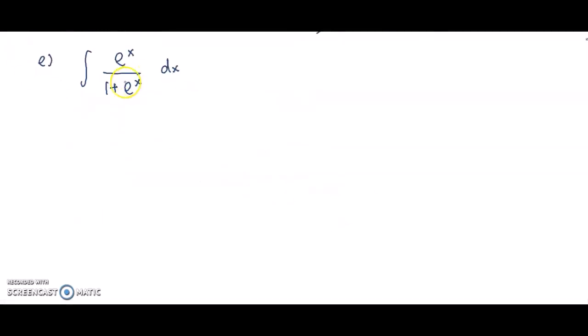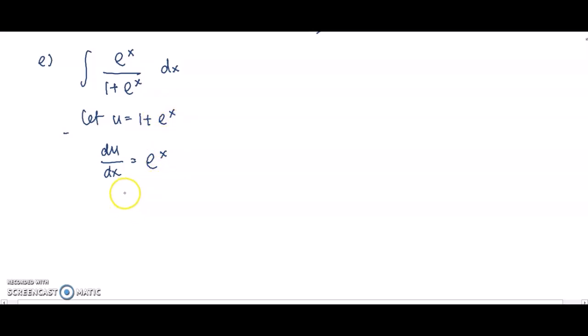Proceed to the question E. We have to integrate e^x over 1 plus e^x. Okay. So for this question, we have to use the substitution method too. If I represent u as 1 plus e^x, I get du dx as e^x, because you differentiate the 1, you get 0, and differentiate e^x, you get e^x.